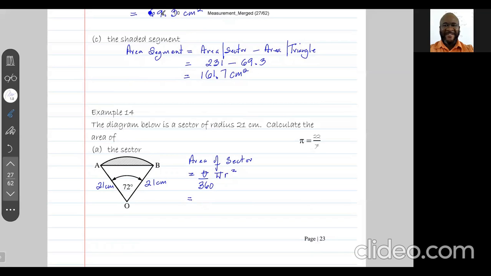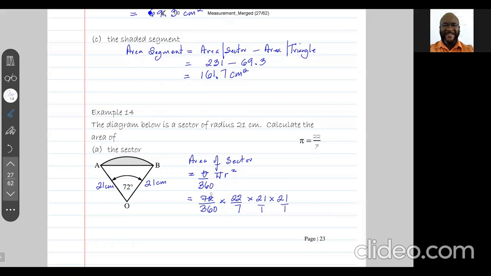And so the sector angle theta is 72 degrees over 360 times pi, which is 22/7, that is given, times the radius, which is 21, times the radius again, which is also 21.